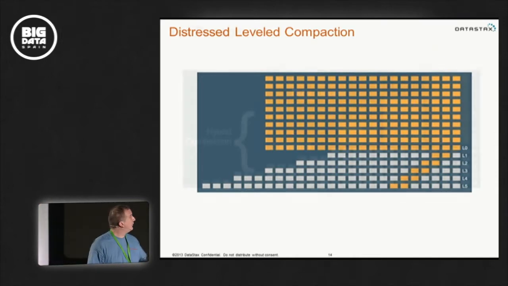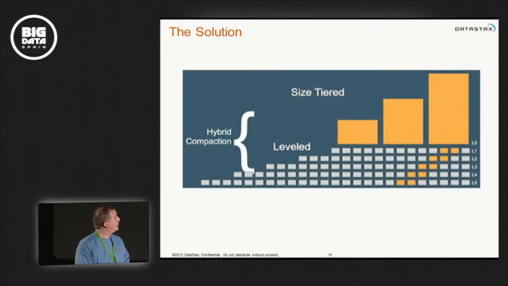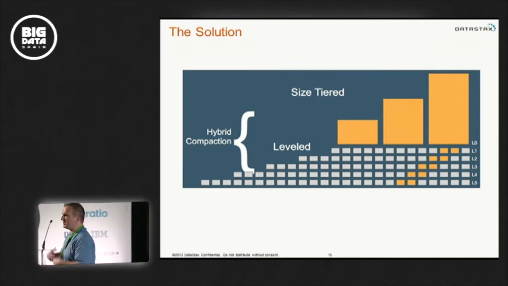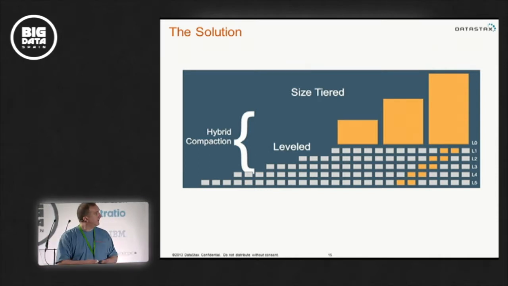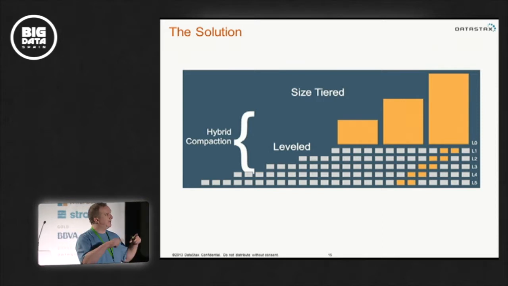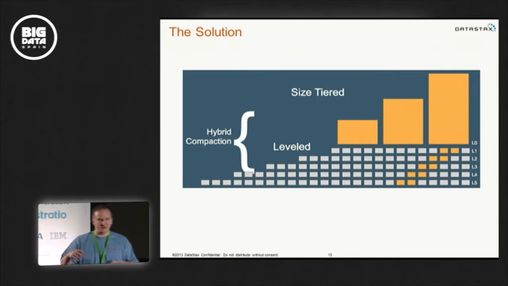So anyway, we have this new approach where we've done a hybrid. As the level 0s are written down, we use the sizing model. So every time we get 4 or more SS tables at level 0, we'll mash them together. And then over time, those can be migrated down into the lower levels as per the normal size-tiered approach.